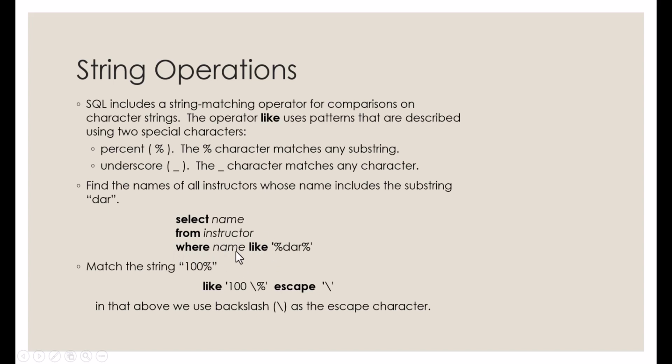So the attribute name is going to be like, and then dar between percent signs. You could have something before dar, something after dar, both, or none, because the percent sign indicates any size substring, and any size means 0 to many. So it's going to contain the substring dar.